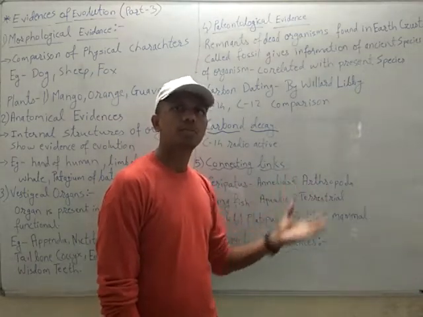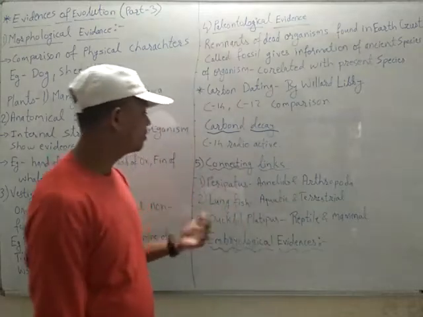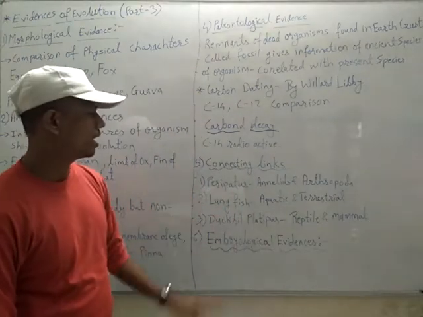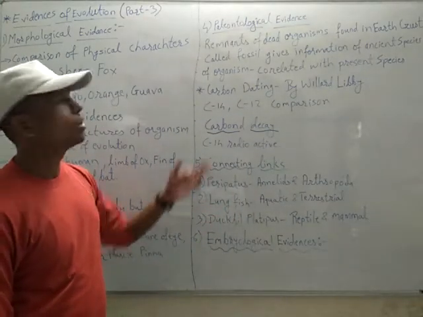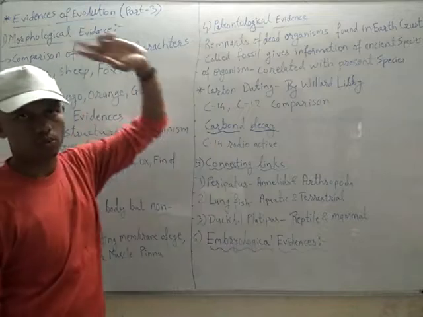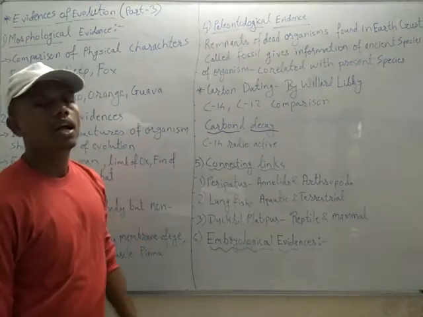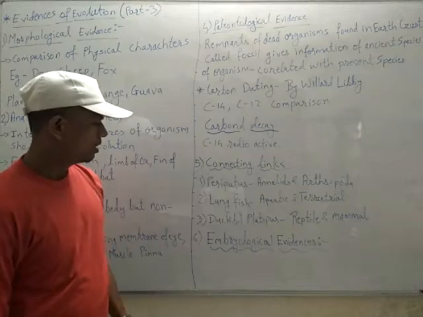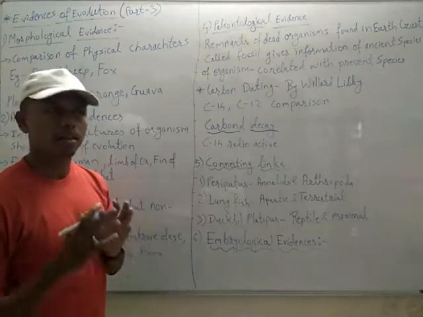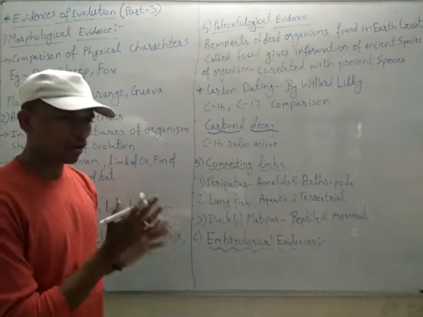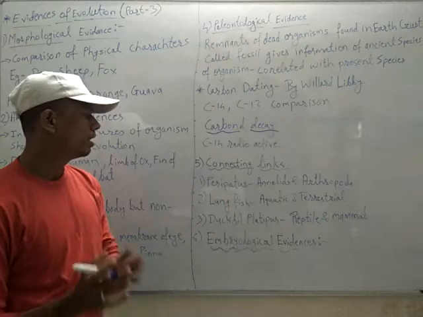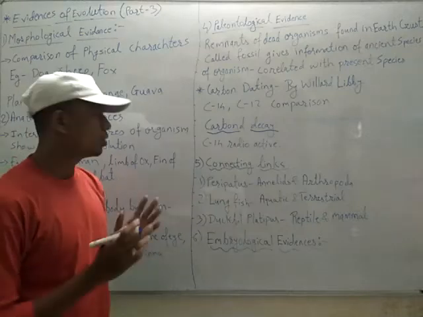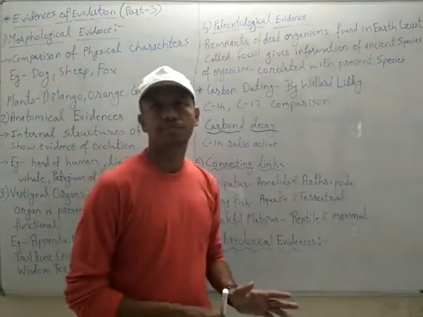The characters of two different phyla can be seen in one organism. So it is adaptation, and why adaptation? Because there is evolution. So this also acts as evidence of evolution. Here we are studying just evolution. If an organism is changing its character, then for sure there is evolution.